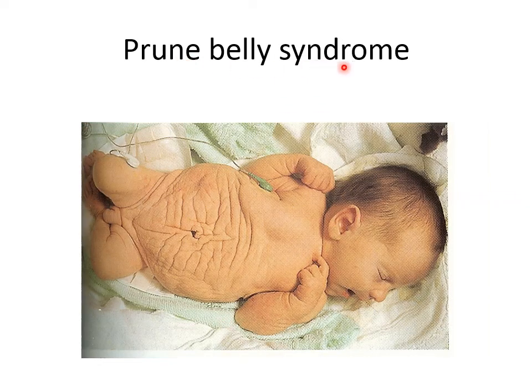This is what is called Prune Belly syndrome. There is a distended abdomen from atrophy of the abdominal wall musculature, so that the organs are visible and easily palpated because of atrophy of the abdominal wall muscles.